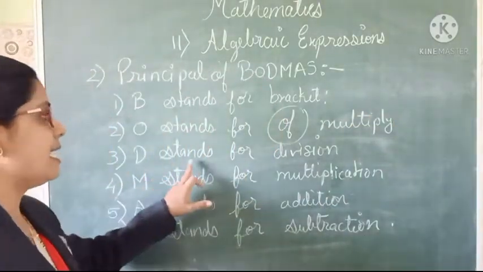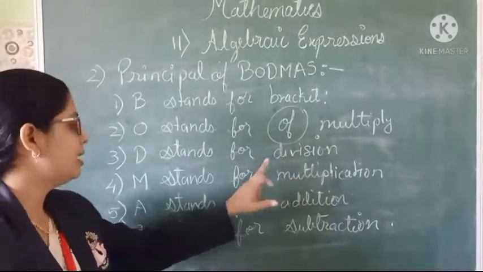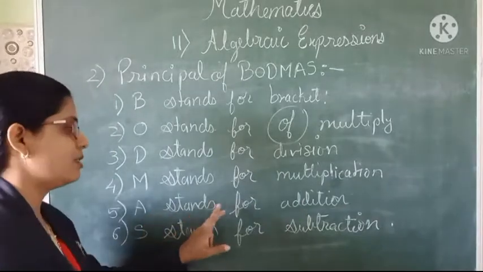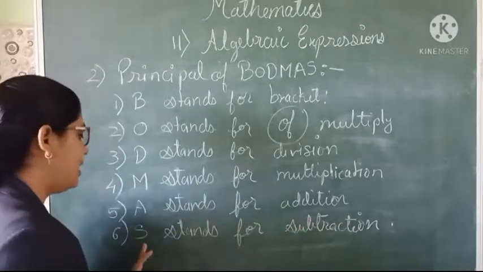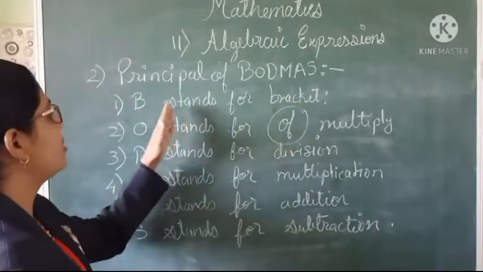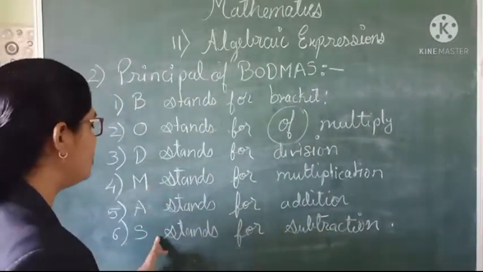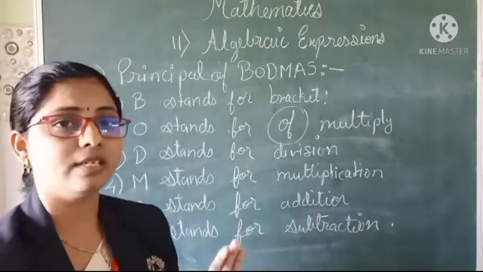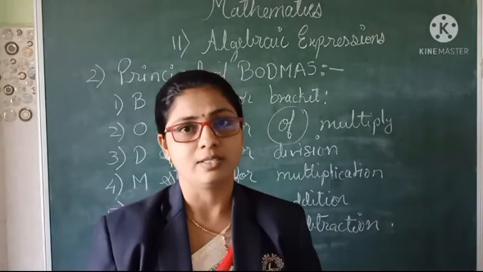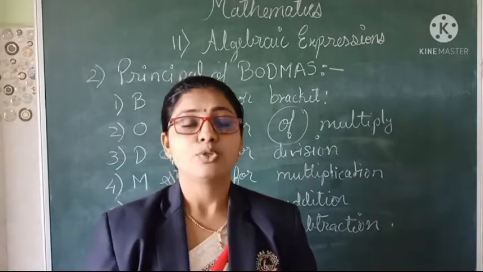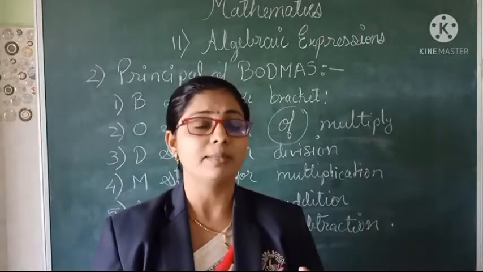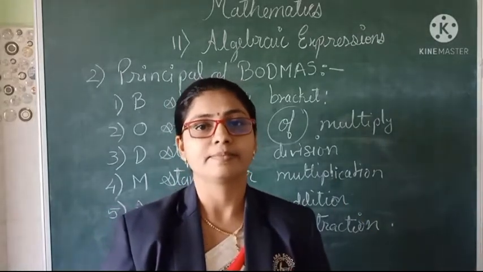Then D stands for division, M stands for multiplication, A stands for addition, and S stands for subtraction. So you are going to follow only these steps for solving the arithmetic operations given in the combined state or when brackets are given. Whichever we have to follow first, we go according to the principle of BODMAS.